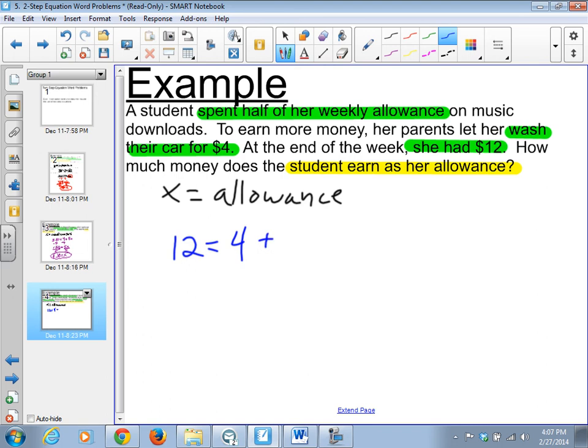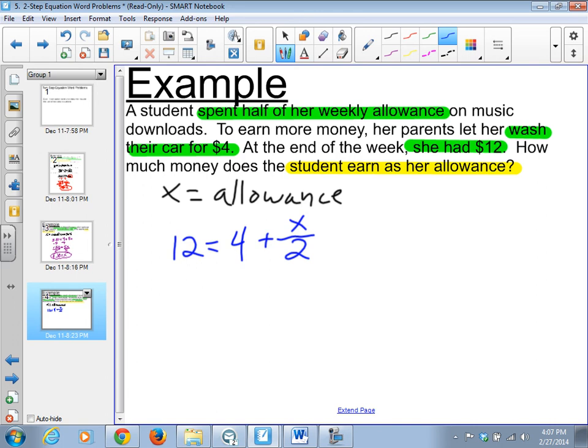So whatever is left is what she didn't spend of her allowance on downloads. So there's her allowance. She already spent half of it, so we're going to divide her allowance by 2. So $4 plus half of her allowance gave her $12.